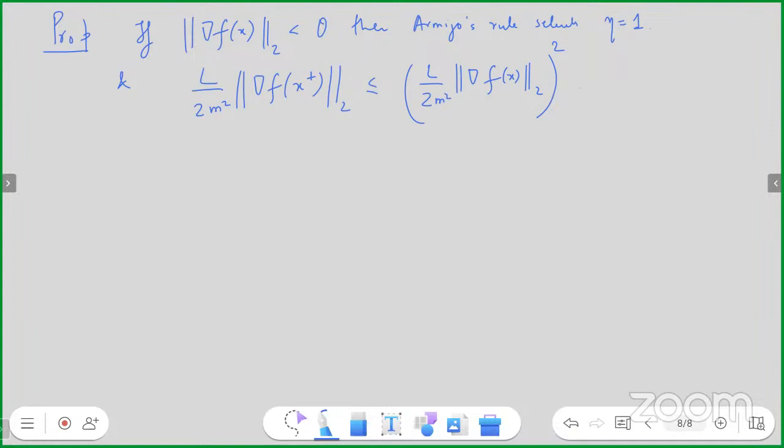So you use the bound on the gradient at x plus, and then we evaluate it like the gradient at x plus. Will it give you anything? So assume for the moment that eta is 1. That remains to be shown. Suppose eta is 1 and the gradient of f(x) is less than theta.